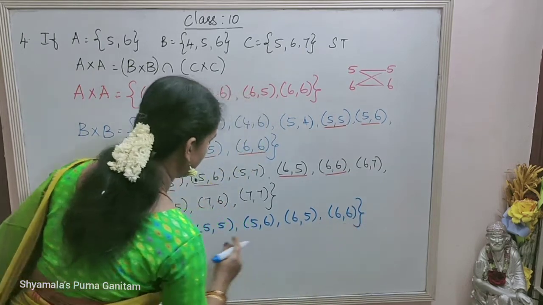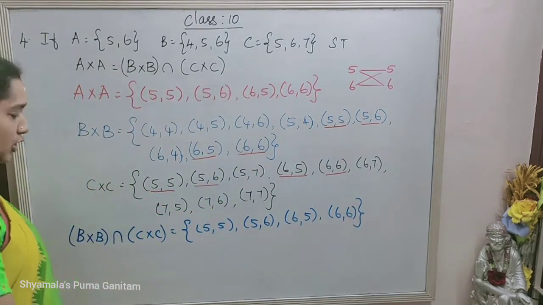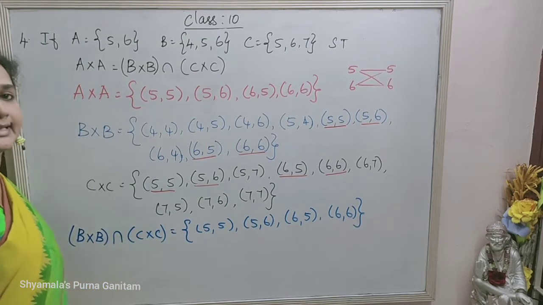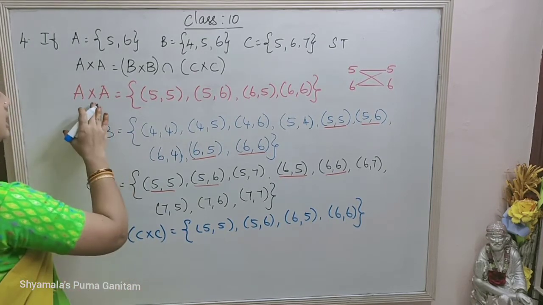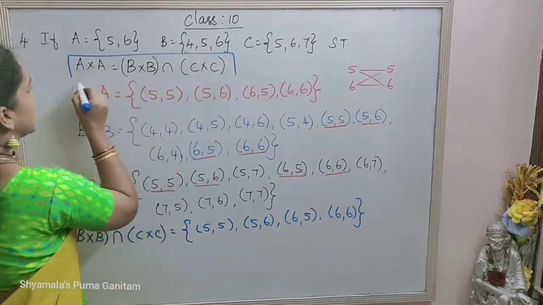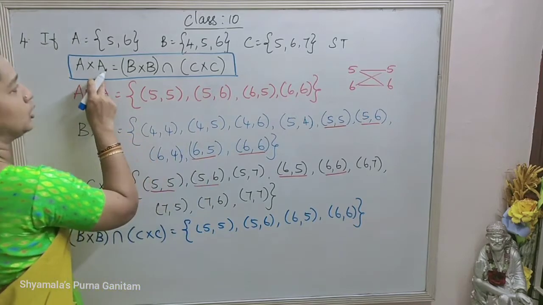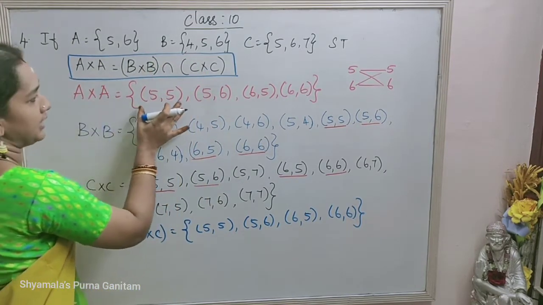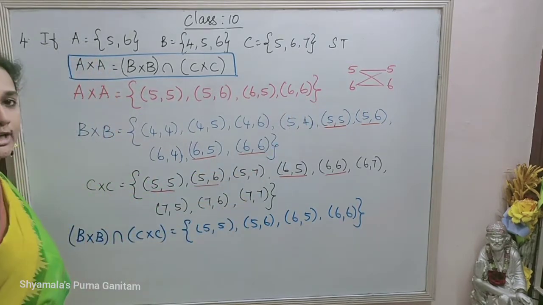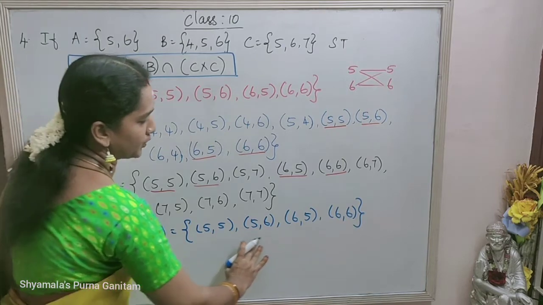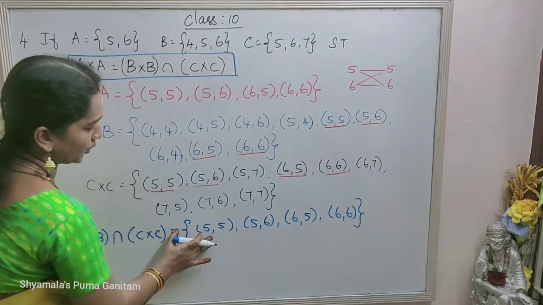So these are the 4 ordered pairs we got when we find the intersection of B cross B and C cross C. So now we will check it with this. We are asked to show that A cross A is equal to B cross B intersection C cross C. So A cross A we are having 4 ordered pairs like this. B cross B intersection C cross C also we have 4. Now we will compare.